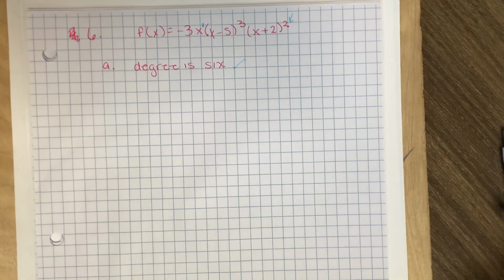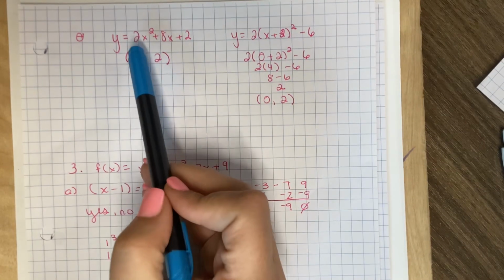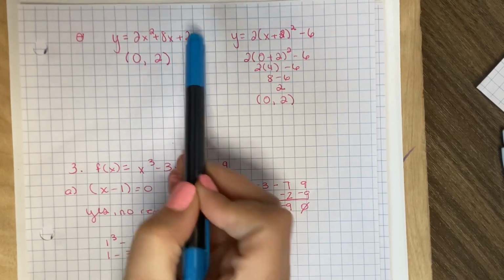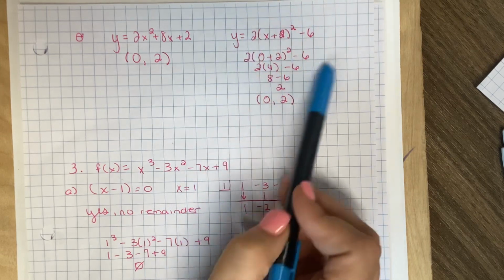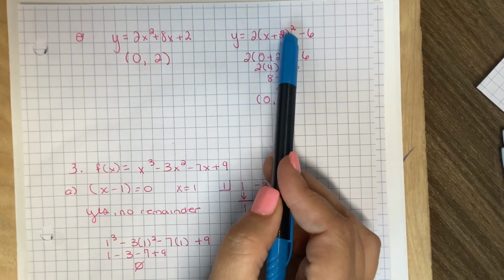And then just in case you're curious, this is an example of standard form, 2x plus 8x plus 2. This is a somewhat factored form here. Highest degree shown.